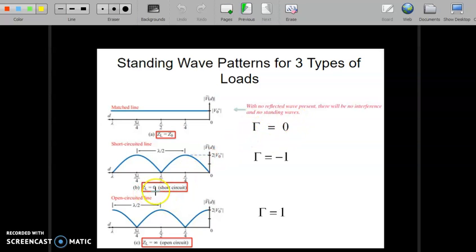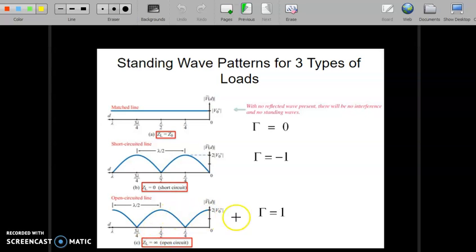But now let's see if the end of the transmission line is short circuited, where ZL equals 0, that means the load impedance is 0. In that case the reflection coefficient is minus 1. The wave shape of the resultant wave, which is the sum of incident wave and reflected wave, would look like this one. In the third case, if the end of the transmission line is open circuited, that means the load impedance is infinity.